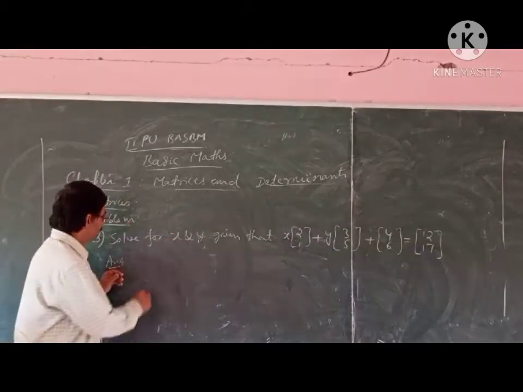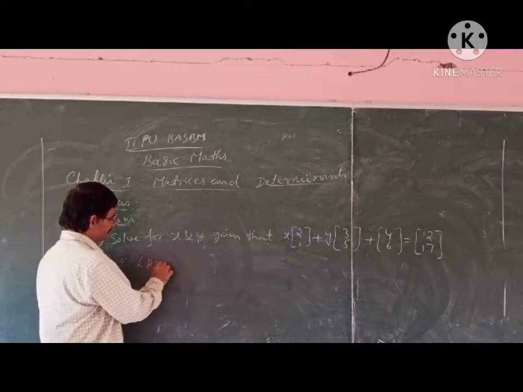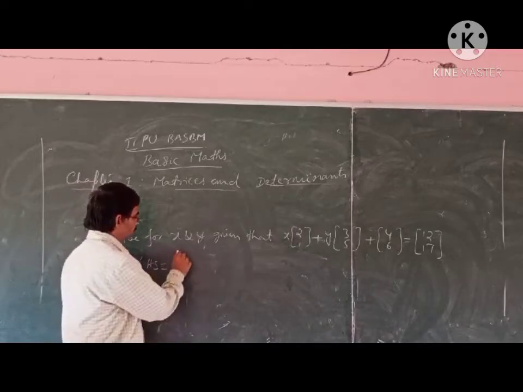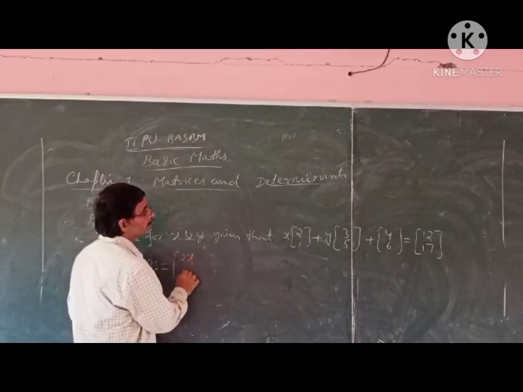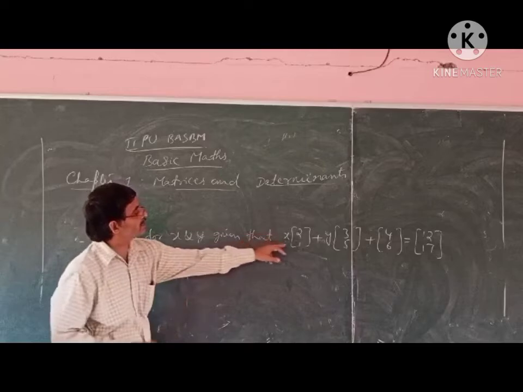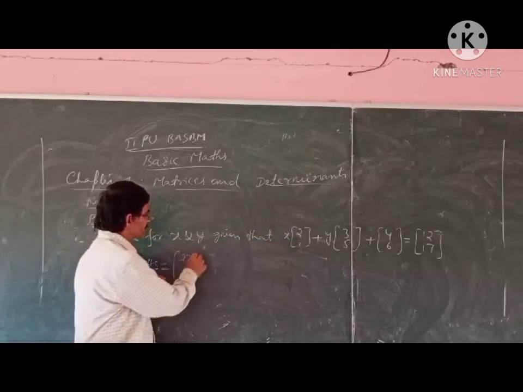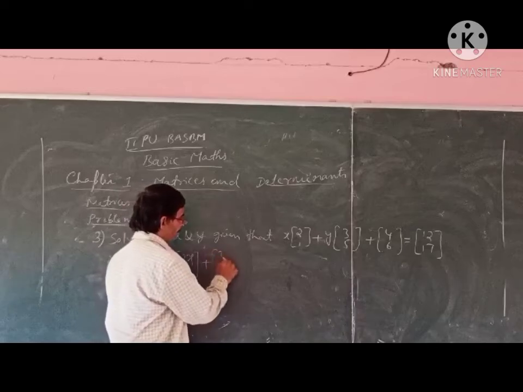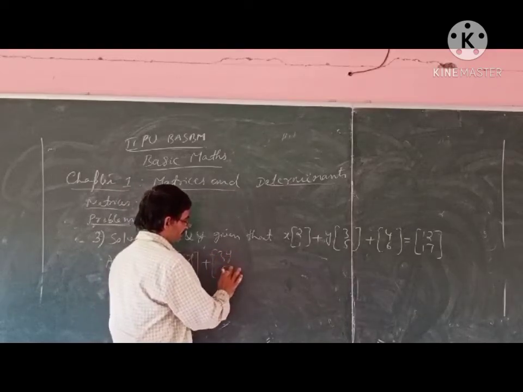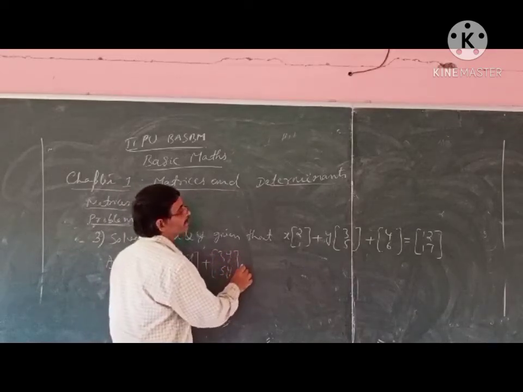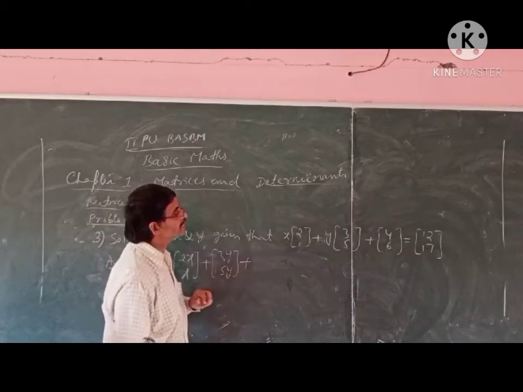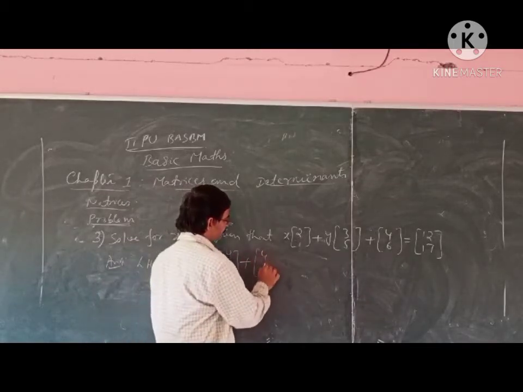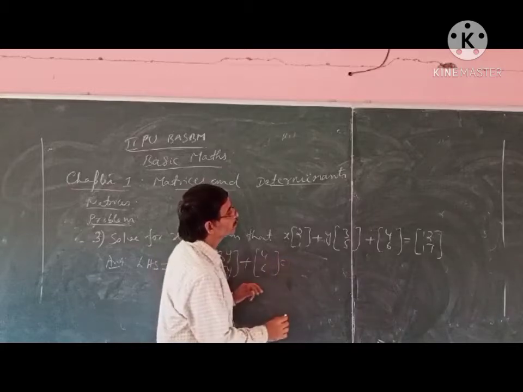Left hand side I call it LHS. Left hand side equal to x multiplied by (2 1), that is 2x, x, plus in the same way 3y, 5y, plus 4, 6, equal to 12, 17.